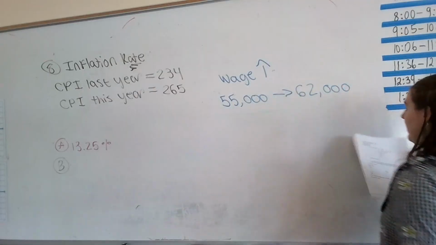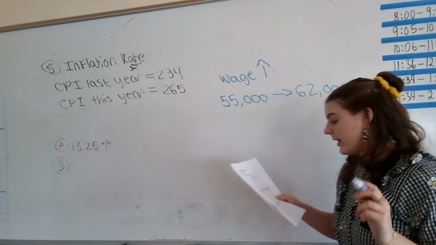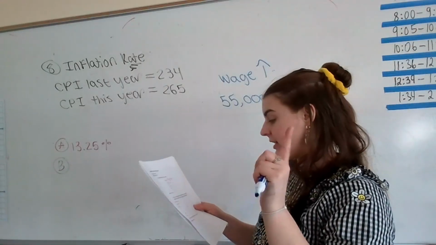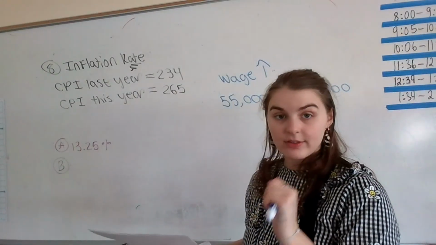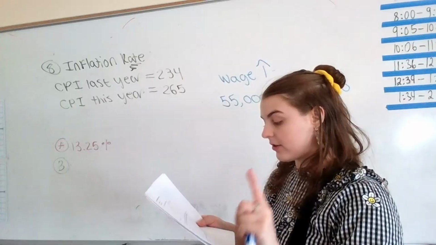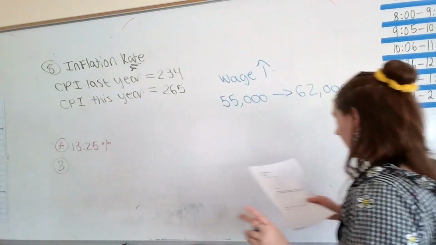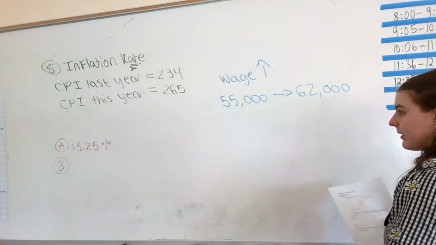Not too shabby a pay raise. We need to say whether their real wage, so after inflation, did it decrease, increase, or stay the same? And briefly explain why, right?